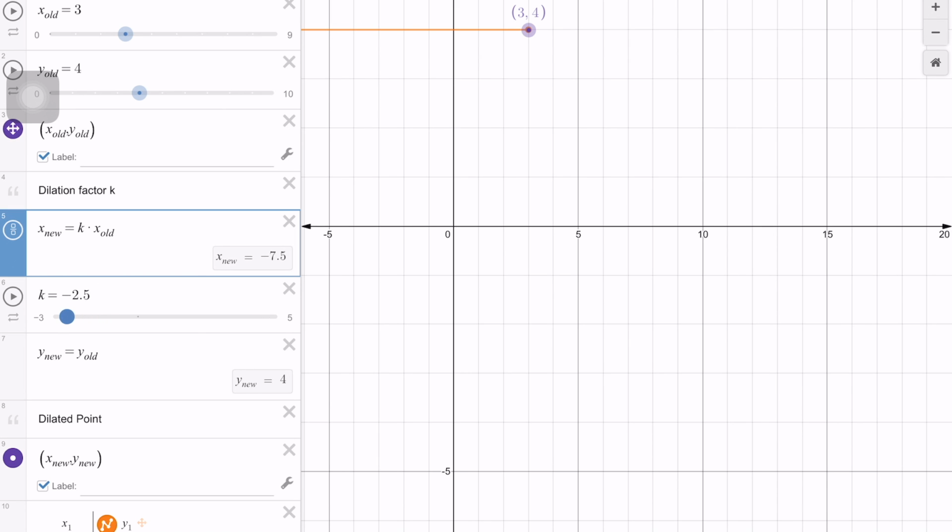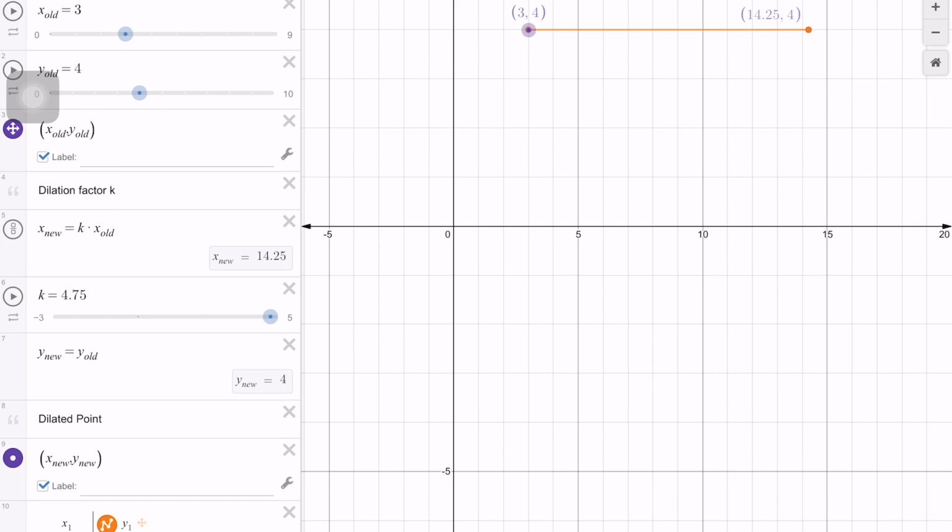And now as I increase towards 0, approaching 0, and when k is between 0 and 1, the value would be between the original point and the y-axis. And as soon as k gets bigger than 1, it will move away from that along the positive x-axis. Right, so that's the point 3,4.